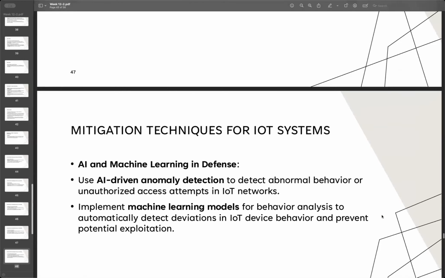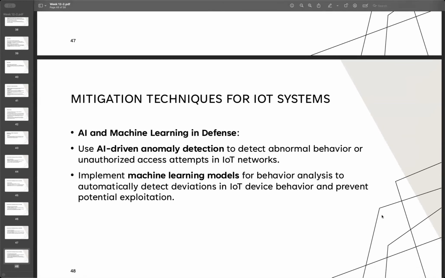We can also use AI and machine learning in defense, such as AI-driven anomaly detection and machine learning models for behavioral analysis, so we can automatically detect deviations in device behavior and prevent potential exploitation.